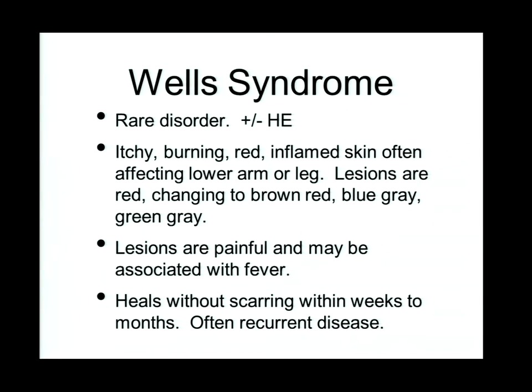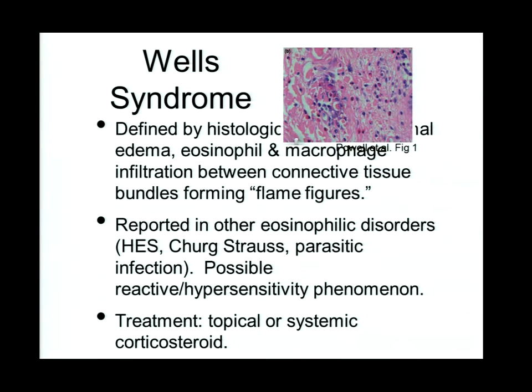The lesions are very painful. Patients can have associated fever, and it is a recurrent disease. But Wells syndrome is also reported in a lot of cases with other primary hypereosinophilic diseases out there.